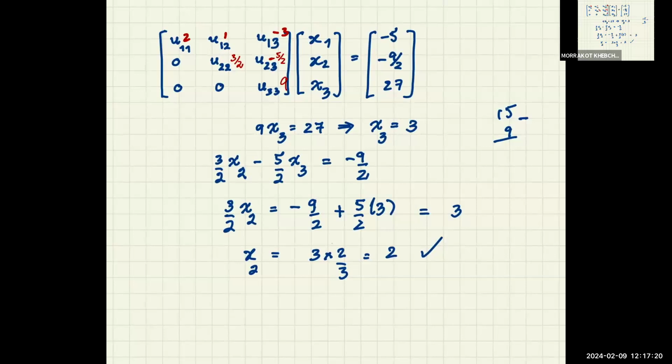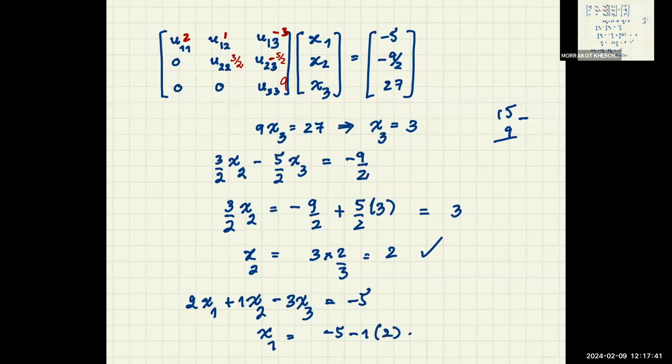Now, 2x1 plus 1x2 minus 3x3 equal to minus 5. So x1 is minus 5 minus 1 times x2, x2 is 2, plus 3x3, x3 is 3, the whole thing divided by 2.